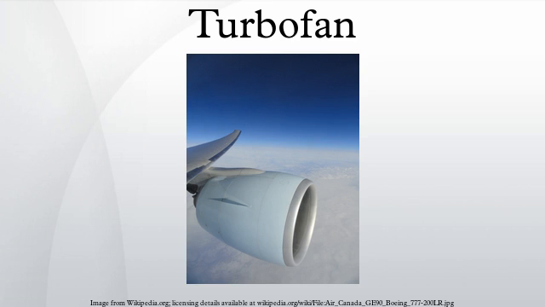Also the smaller TF-34. More recent large high bypass turbofans include the Pratt & Whitney PW4000, the three-shaft Rolls-Royce Trent, the General Electric GE90/GEnx and the GP7000, produced jointly by GE and P&W.